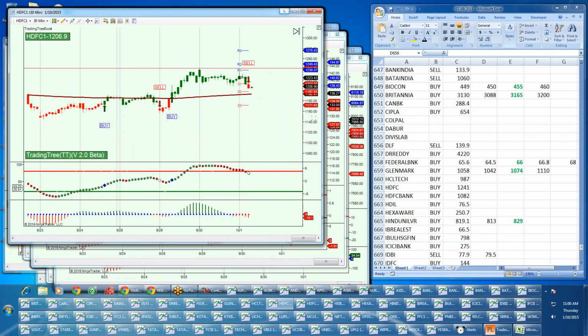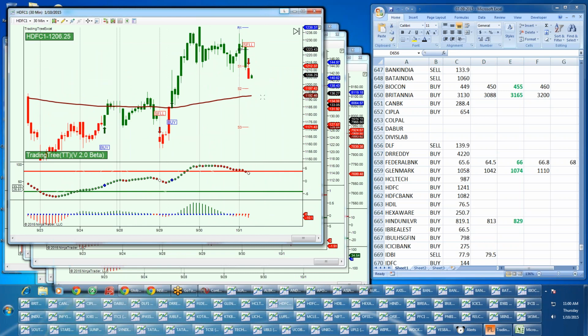So whenever you get a sell call right below this brown line, it's better to avoid. So we'll place the order for this particular HDFC call after it moves in either direction. It has to break this 1192, then we can enter this call. So let's place a price of 1190 for this.